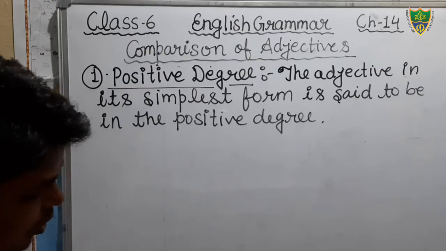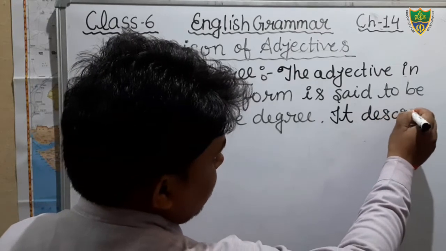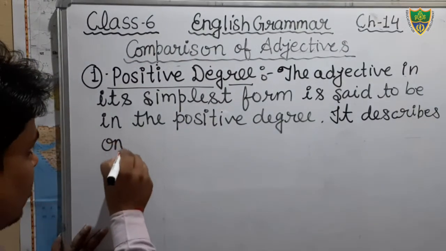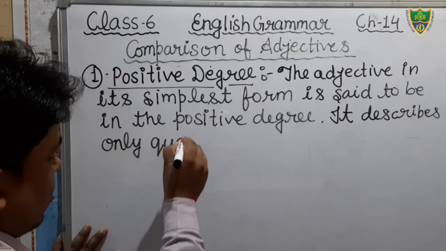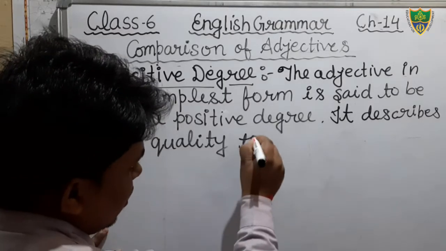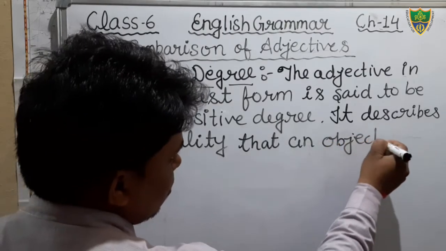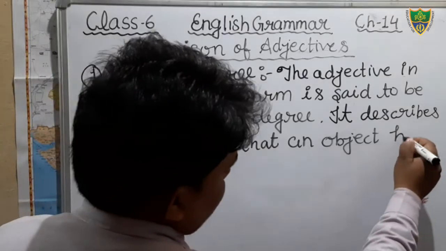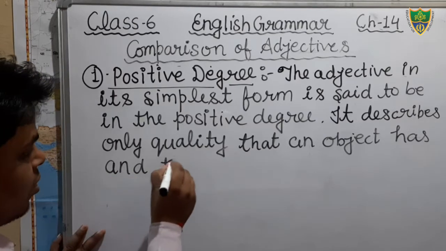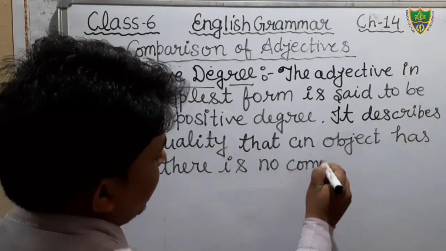Just see, it describes only the quality that an object has, and there is no comparison involved.